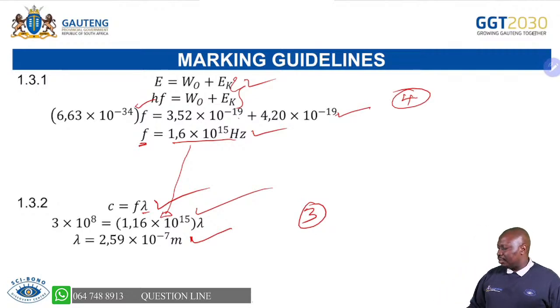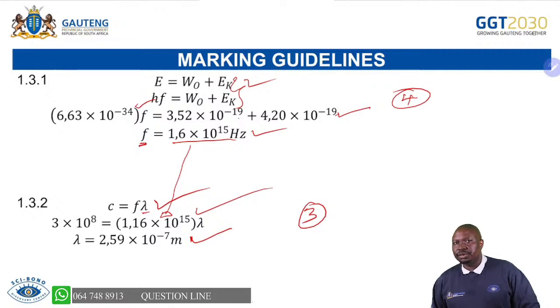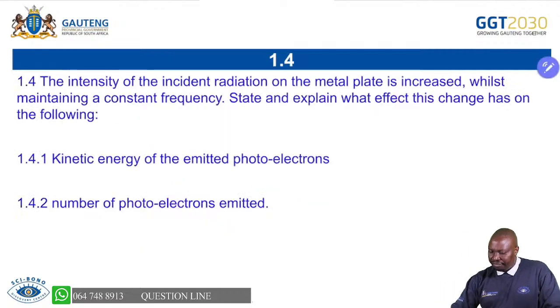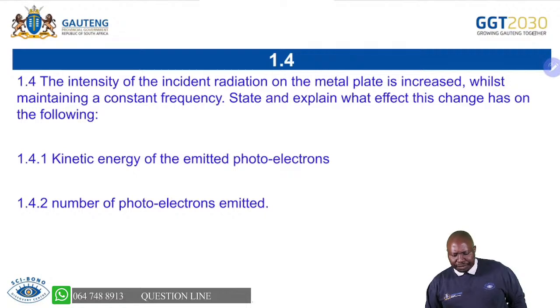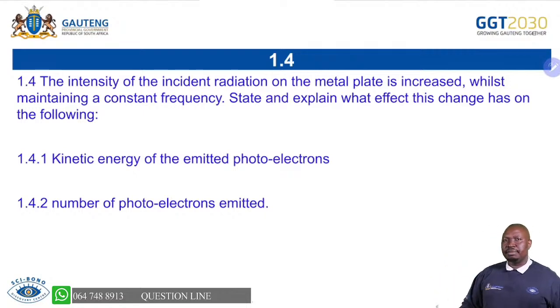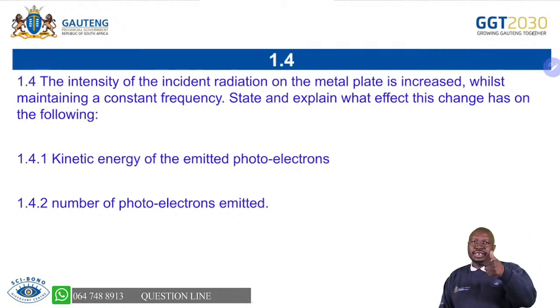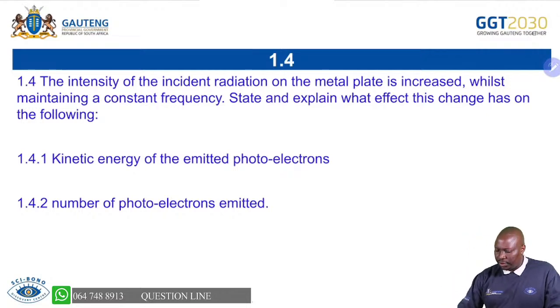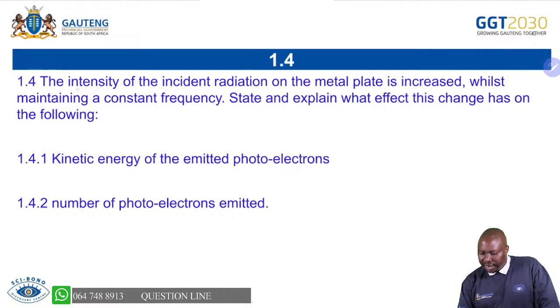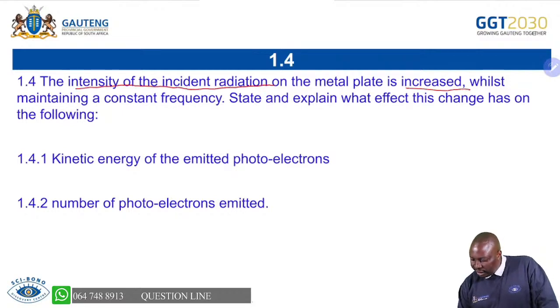Remember, these are coming from previous years' question papers, so it's important that you have that understanding. Now, that question that I told you about, remember I talked about the effect of intensity and the effect of frequency on this equation that we're dealing with. If you look, we're saying the intensity of the incident radiation on the metal plate is increased.